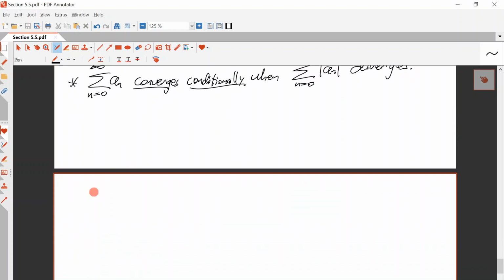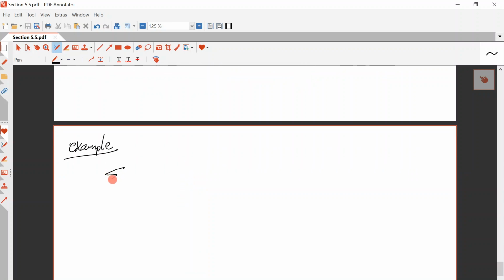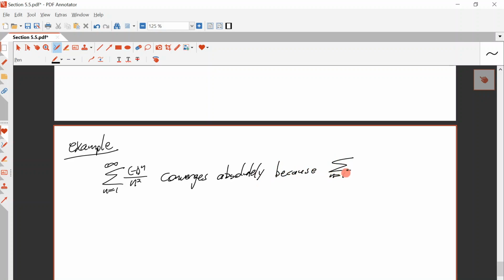So, for example, and this is just vocabulary. The sum n equals 1 to infinity of (minus 1) to the n over n squared converges absolutely because the absolute value of the terms is just 1 over n squared, which converges.